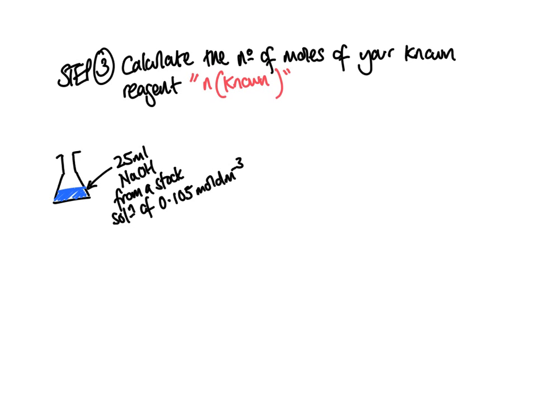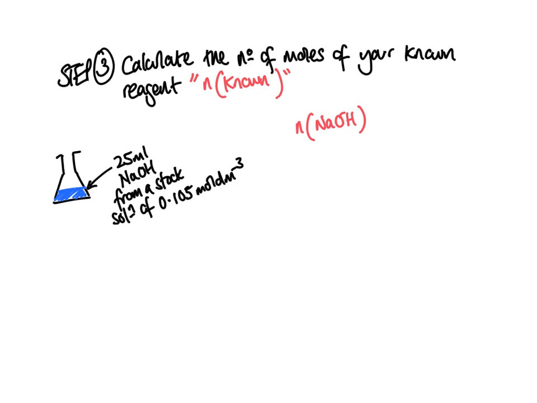Step 3 involves calculating the number of moles of your known reagent, which we're just going to call n(known). If you remember from the beginning, we had a conical flask to which we've used a pipette to add 25 mL of sodium hydroxide. It's from a stock solution which had a concentration given of 0.105 moles per dm³.